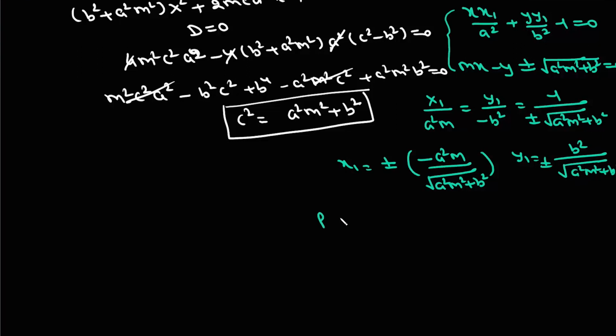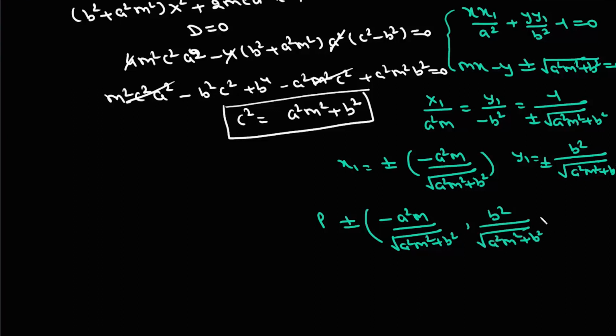So this point of contact will be plus minus minus a square m upon under root of a square m square plus b square, comma b square upon under root a square m square plus b square.